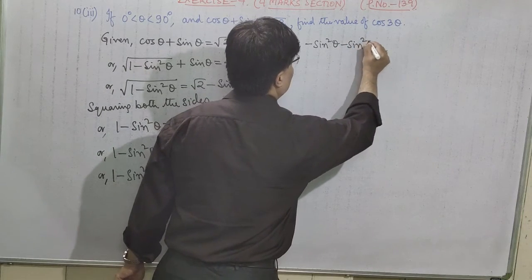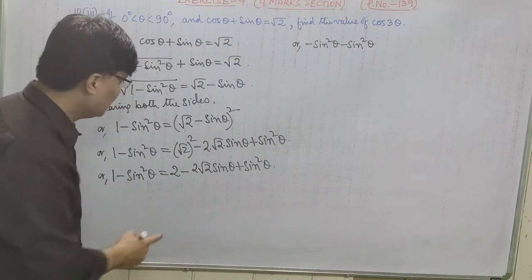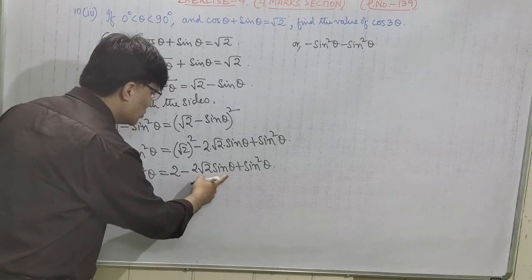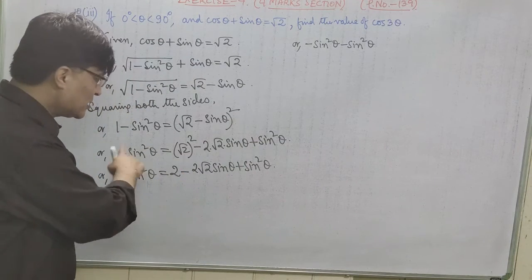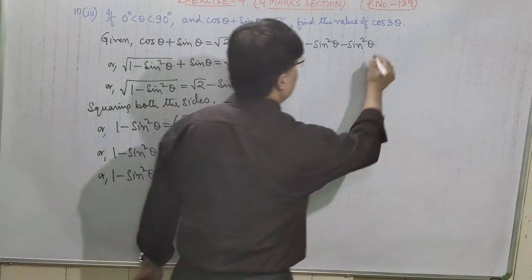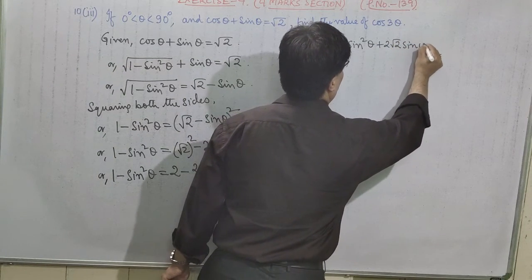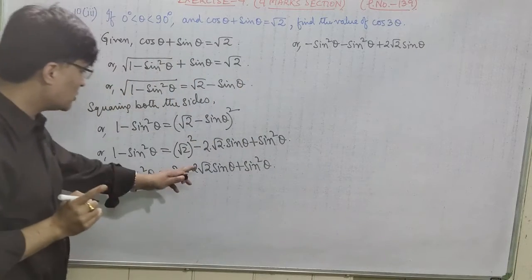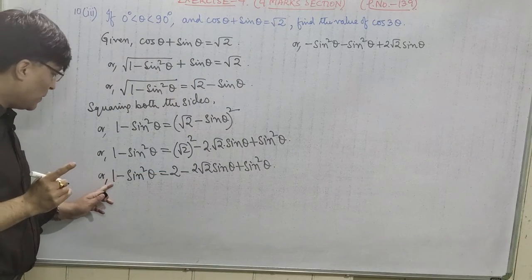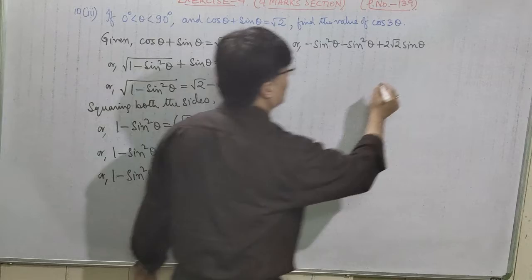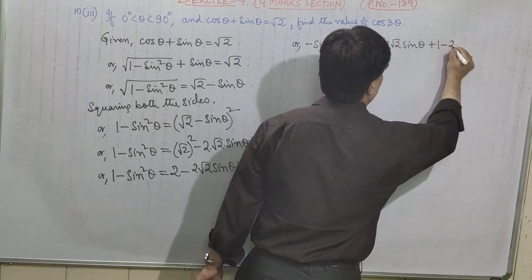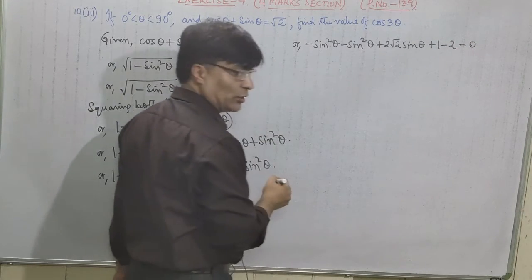And this minus 2 root 2 sin theta, when taken to the left hand side, becomes plus 2 root 2 sin theta. Is that clear? Then plus 1 minus 2, which is equal to 0.